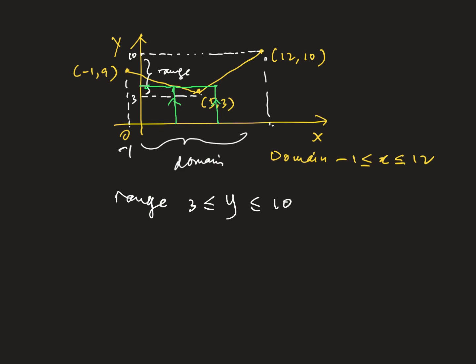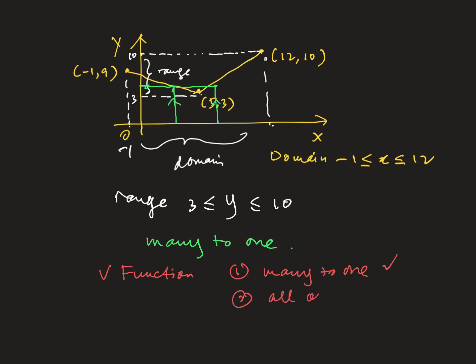So we can conclude here that the relationship is many to 1, and it is considered a function as it fulfills the two conditions. The first condition is this is many to 1, and the second condition is that all the objects in the domain have an image in the range.